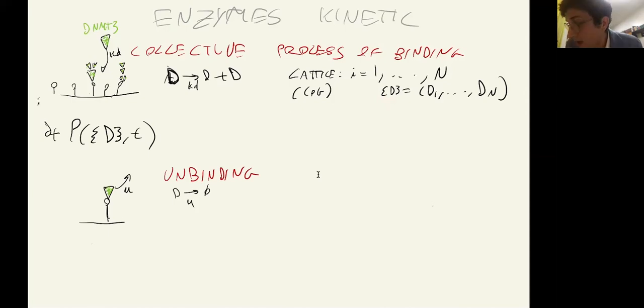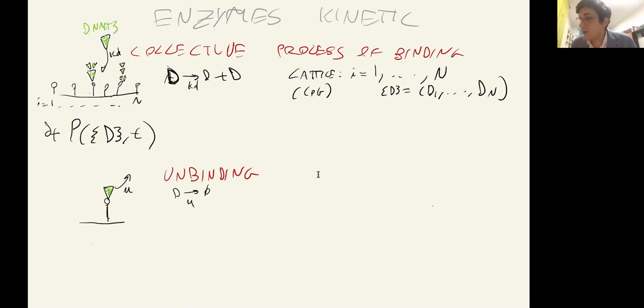So we have i equal 1 up to i equal n, where the lattice positions, again, are not evenly spaced, but they are the CpG. So I'm not taking into account all of the other sites, only the CpG, and I'm naming them from 1 to n. And again, this bracket D means d1 to dn.